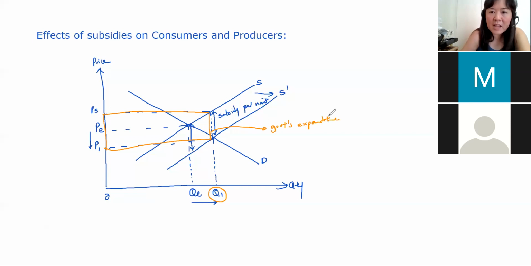It is how much the government has to pay for the subsidy, the government's cost of subsidy. But who gets what?